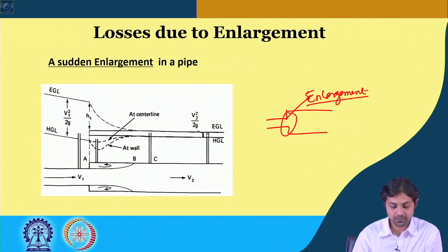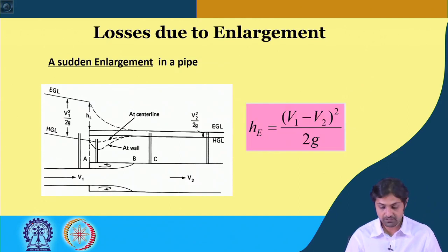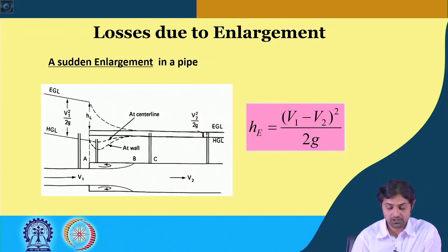In that case, the head loss can be simply given as V1 minus V2 whole square by 2G. In a sudden enlargement, it will be given as V1 minus V2 whole square by 2G.